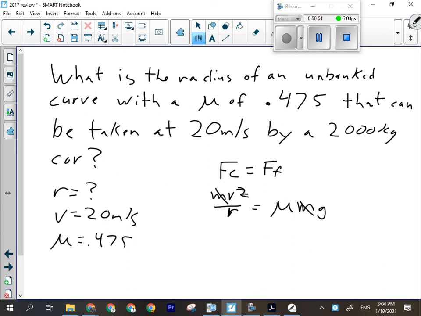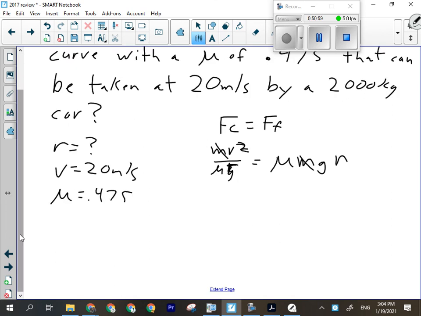All right, I'm trying to find r, so I'm going to bring r over to this side and divide both sides by mu times g. What I'll be left with is that r equals v squared over mu times g. So that'll be 20 squared divided by 0.475 times 9.81.